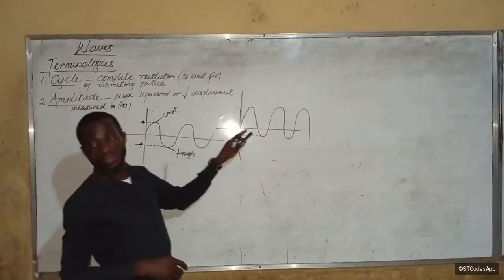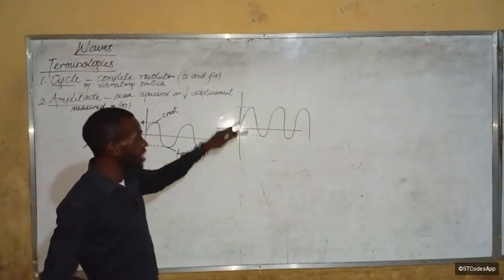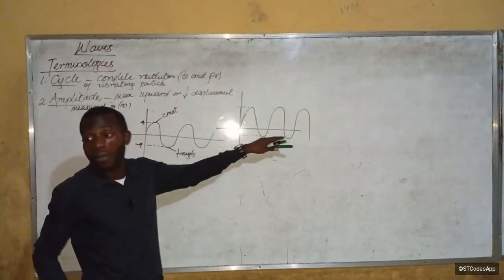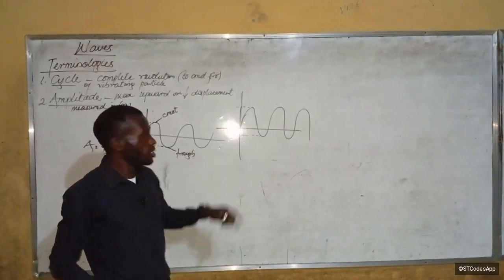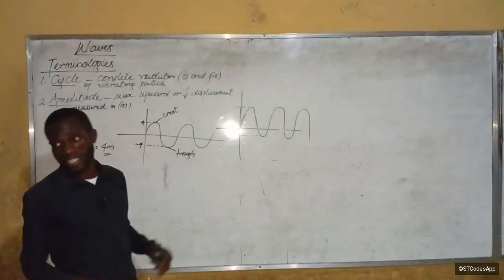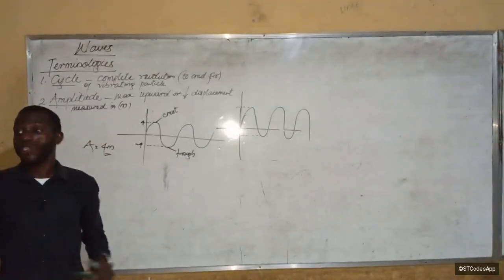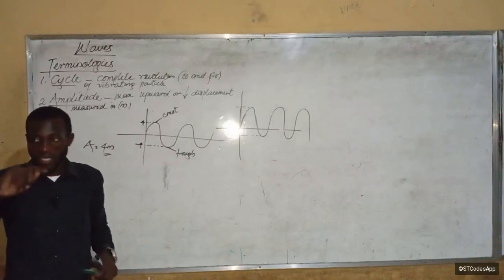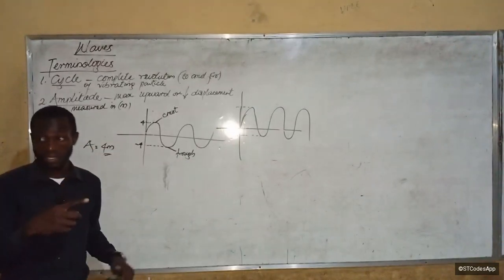But for this kind of wave, it means this thing has been adjusted. The line is the point of minimum displacement, where there's no displacement. It's not going up, it's not going down. It's just there.